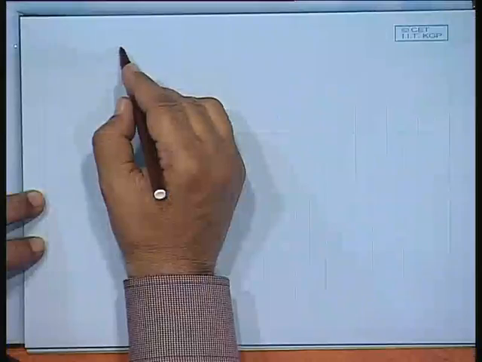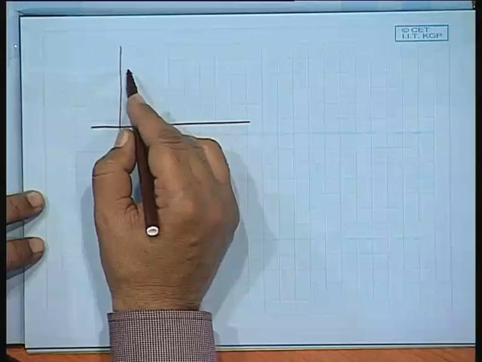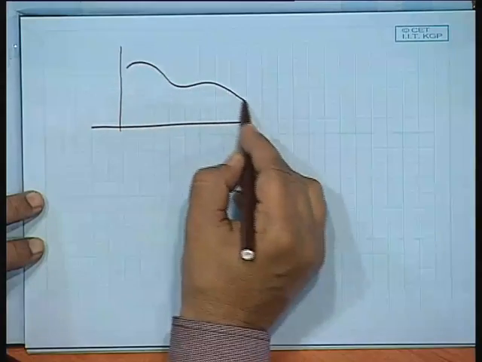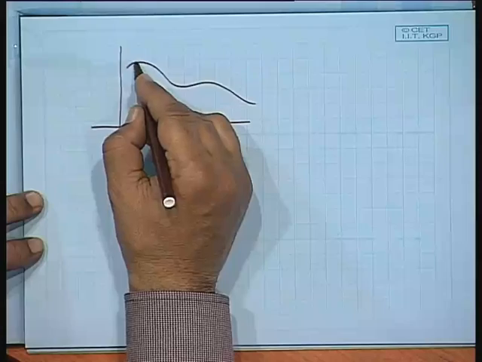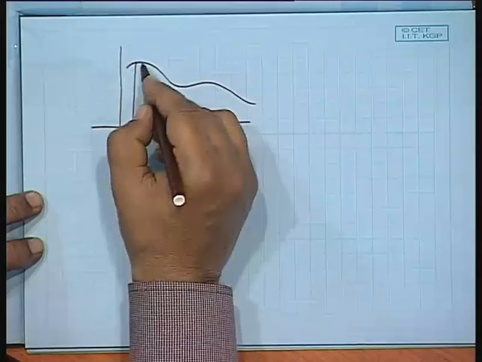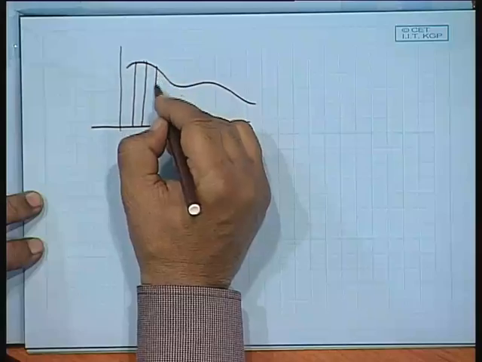What is it due to? Let us physically understand the actual phenomena in terms of the signal itself. Its original signal is like this. You have sampled it at this point, at this point, at this point.